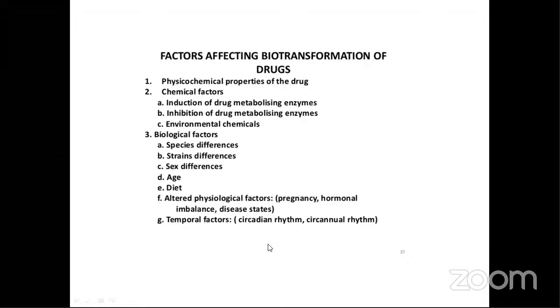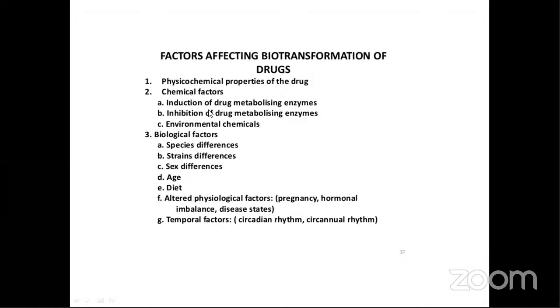The first one is the physico-chemical property of the drug. Some physical and chemical properties are responsible, such as whether they are soluble in water or in lipid layers, and the melting point or boiling point of the drugs. Everything is considered during metabolism.